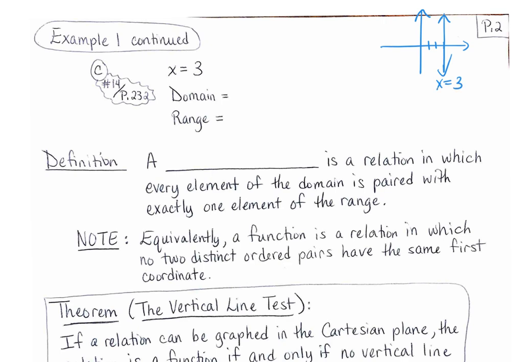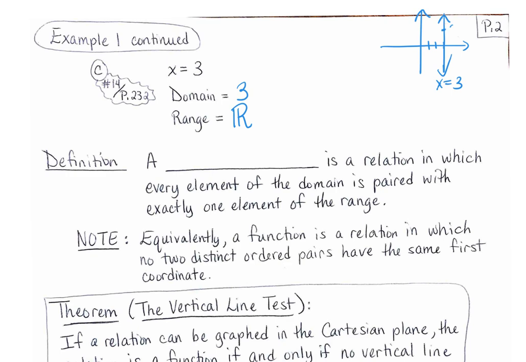What is our domain? 3, very good. What is our range? Any real number? Yes, any real number. So we write R. Any real number, because you can choose a point here.